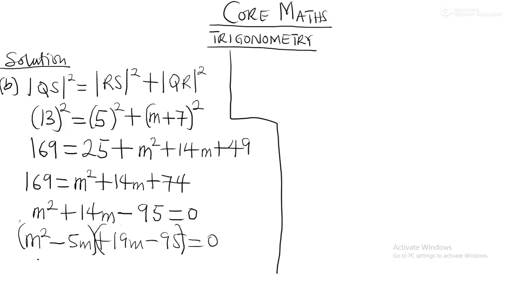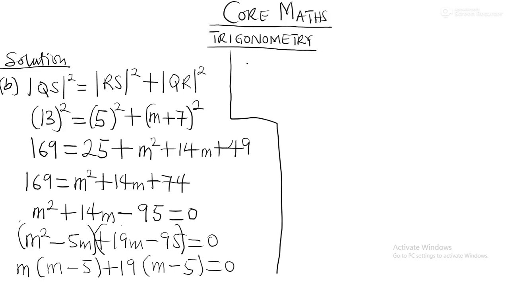So the common factor here is m. So m out, then you have m minus what? 5. Then this one, 19 out, m minus 5 equals 0.